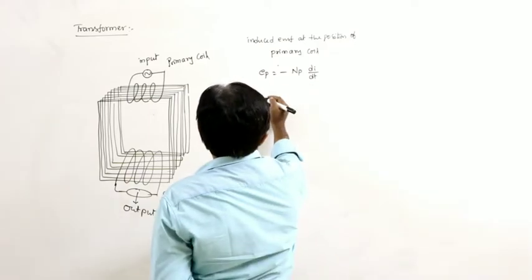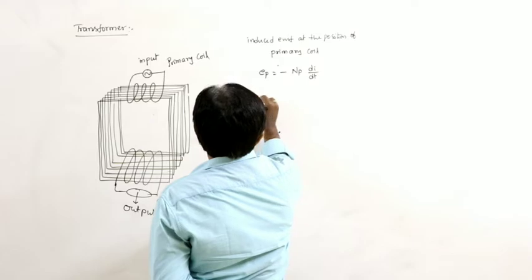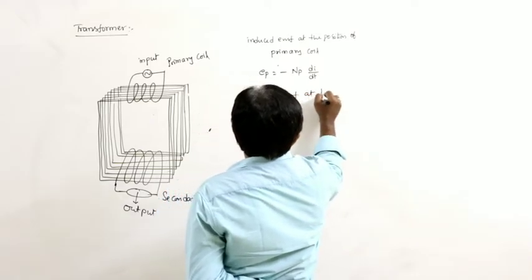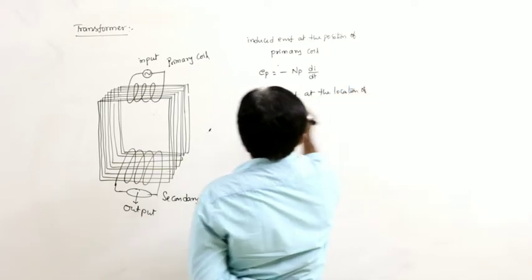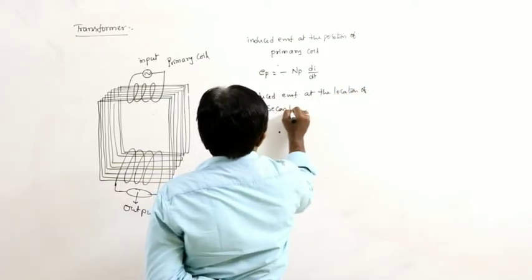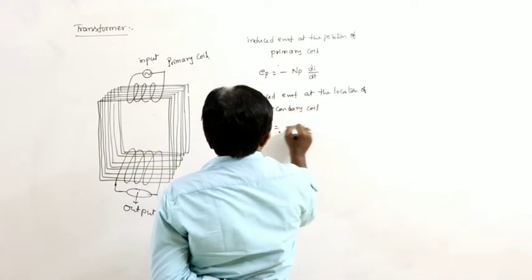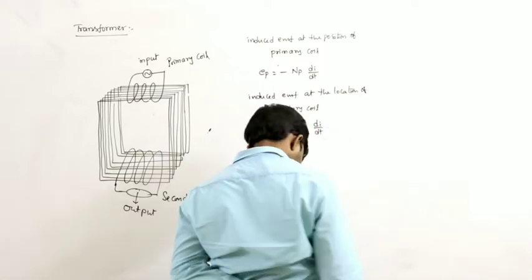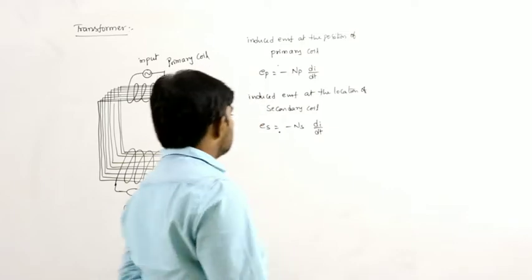In the same way, the induced EMF at the location of the secondary coil, Es is equal to minus Ns into di by dt.